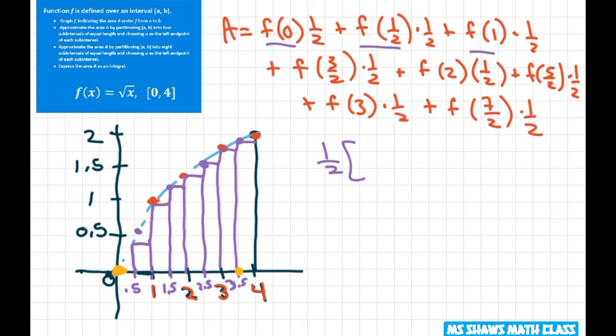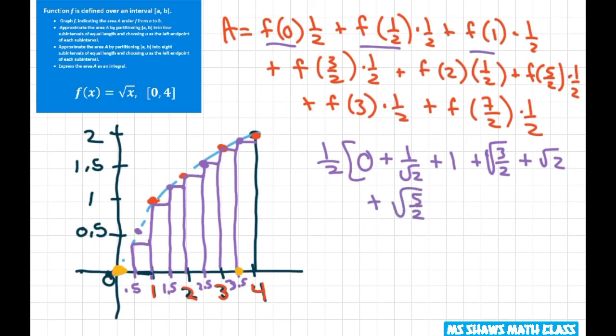That gives you 0 plus 1 divided by square root of 2 plus 1 plus square root of 3 divided by 2 plus square root of 2 plus square root of 5 divided by 2 plus square root of 3 plus square root of 7 divided by 2.